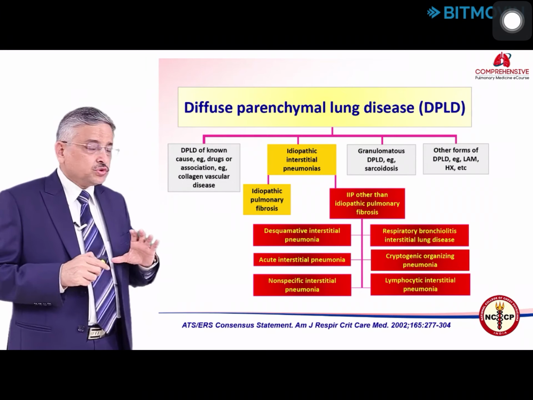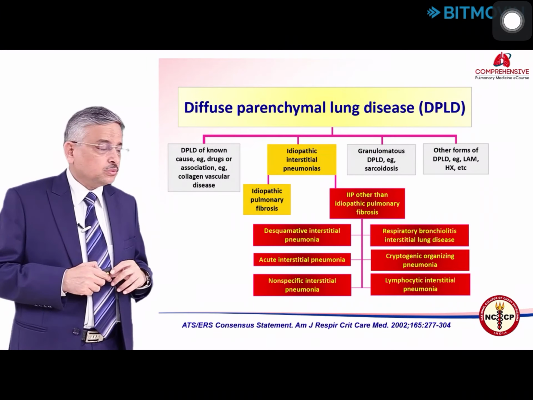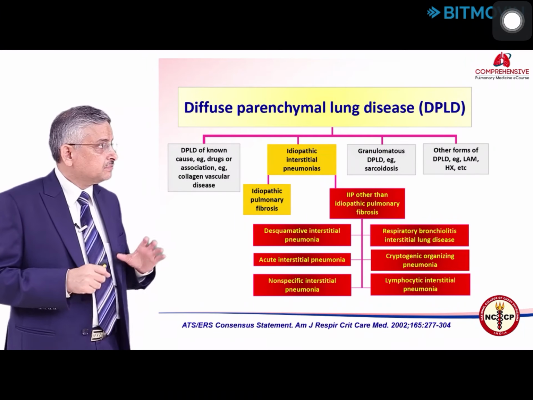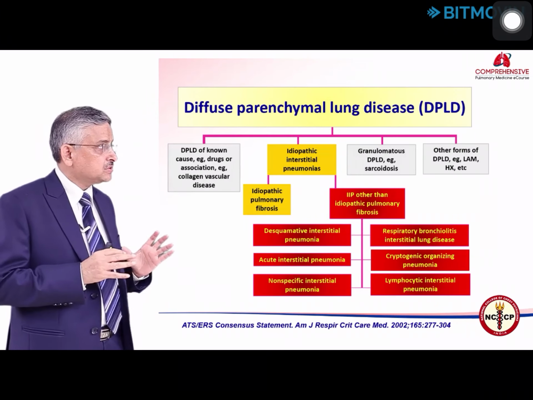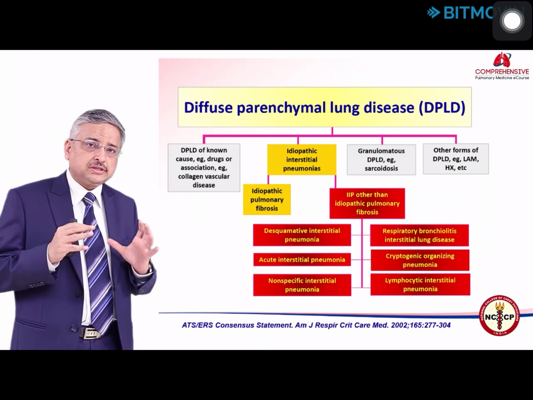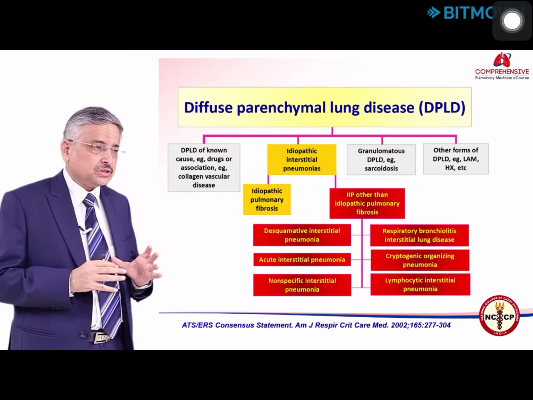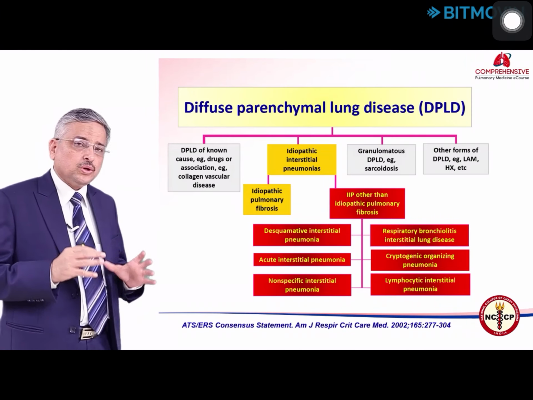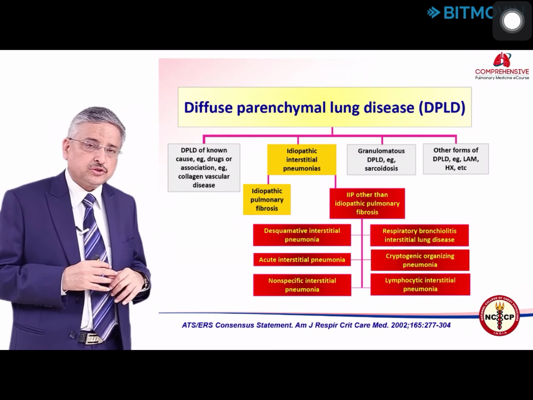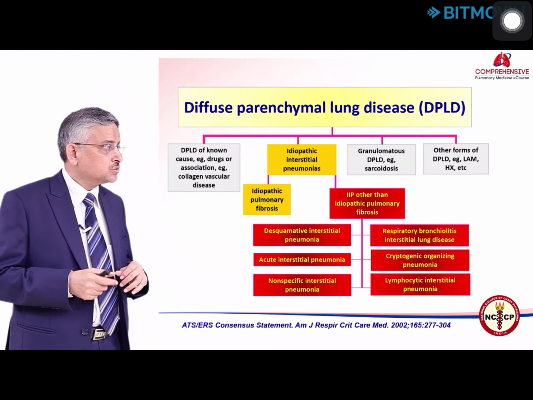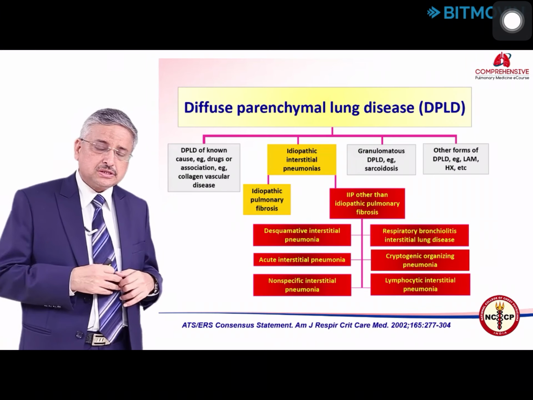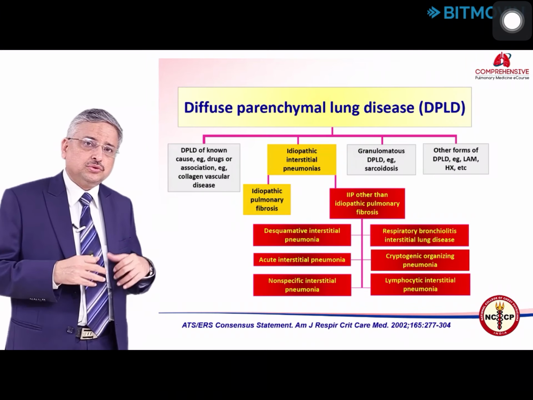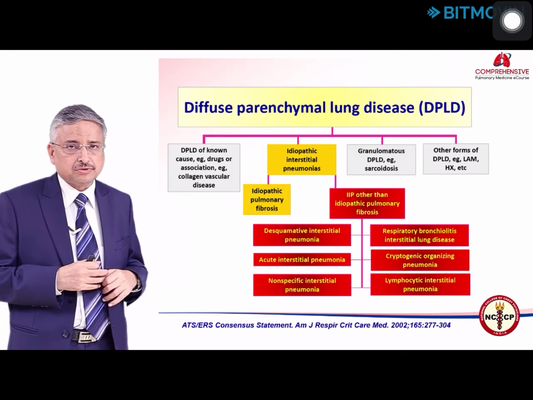If you look at diffuse parenchymal lung disease, which is what we are looking at, we can have different categories. We have one category of diffuse parenchymal disease of known causes, which includes classically the connective tissue disorders, where you have some features to suggest a collagen vascular disorder, or this could be drug induced ILD. Then you have granulomatous disorders where you have a granulomatous infiltration in the lung. It could be sarcoidosis, it could also be hypersensitivity pneumonitis.